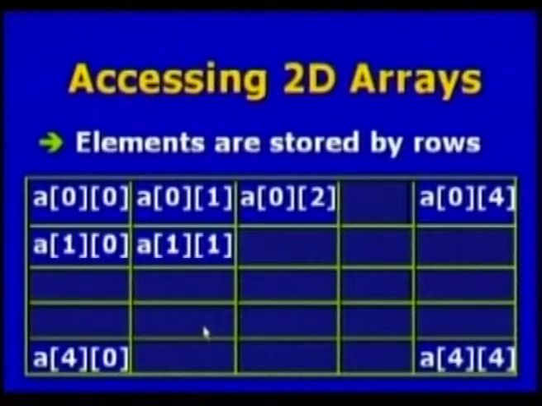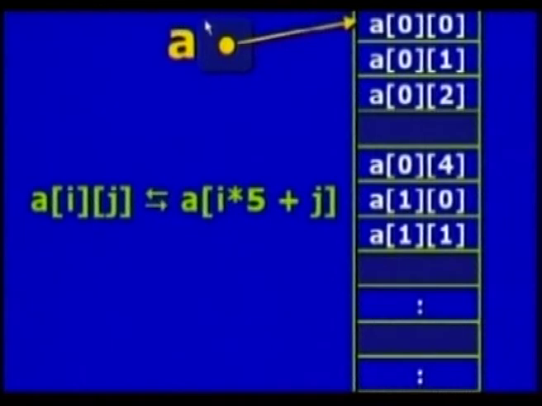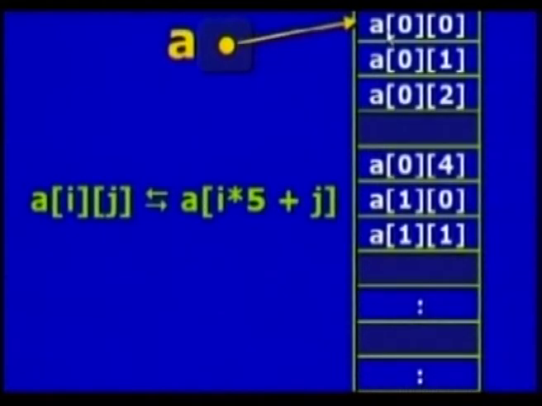For the 5 by 5 array A of type integer, what I have is a pointer named A, pointing to the first entry in this block of 25 consecutive locations. The first location holds the first entry, then the second and third entries in the first row. The first row goes up to this point, and right after that comes the second row, with all entries, then the third row, fourth row, and fifth row as it goes down.